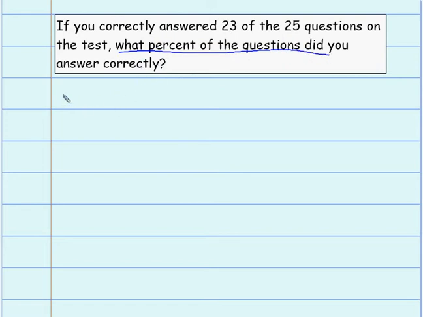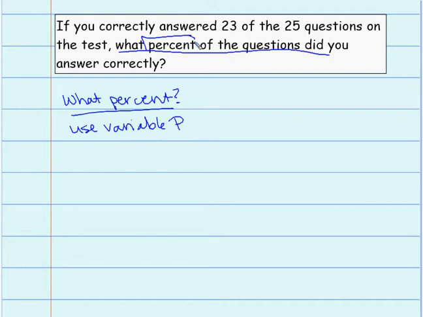Now, when you get what percent, I'm going to tell you to use the variable P, because that stands for percent. And in what percent questions, you're not done when you get your answer, because it needs to be a percent.